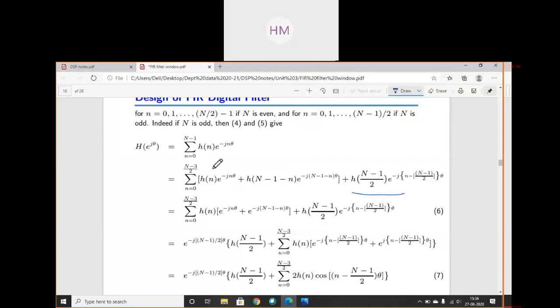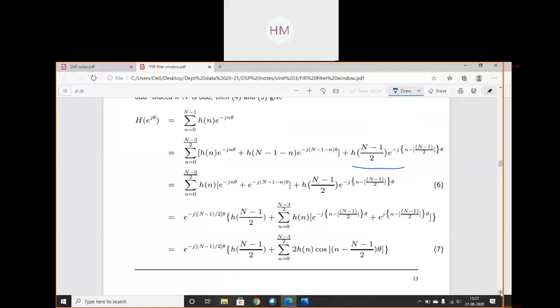If I am having N = 5, N is odd, 5 minus 1 is 4, 4 terms will be there. 5 minus 3 by 2 is 2 by 2 is 1, and the other term is here. We are just finding out the odd terms. So this equation is simplified to get equation number 7.